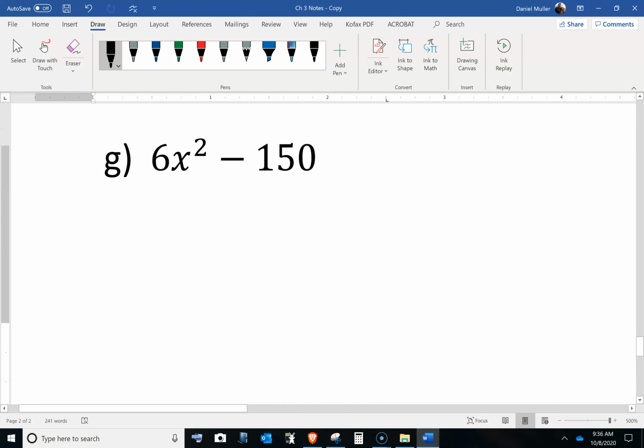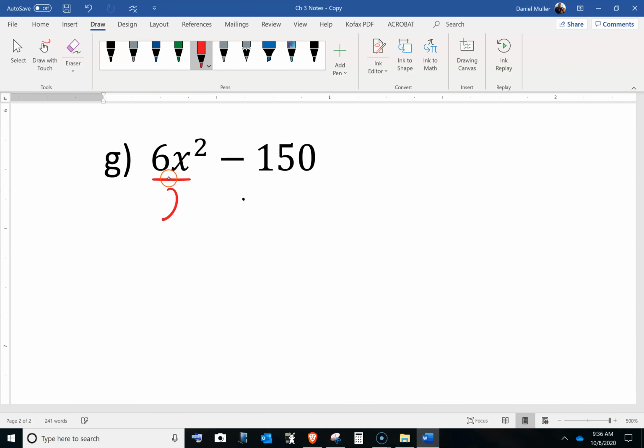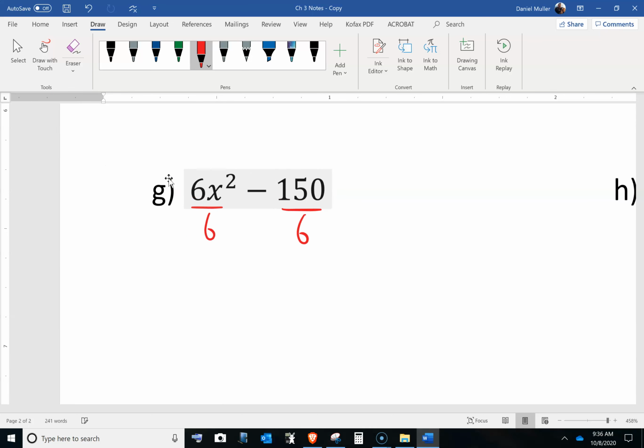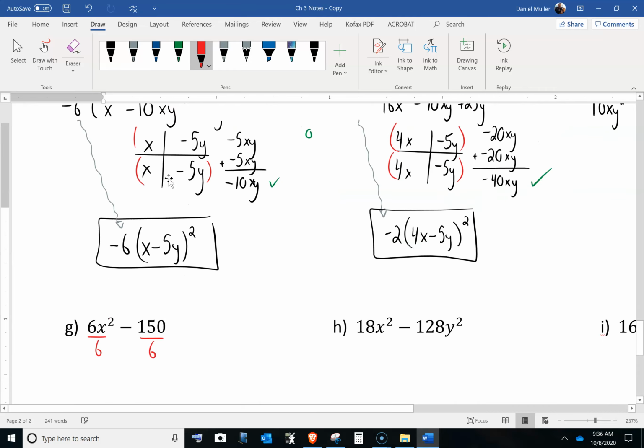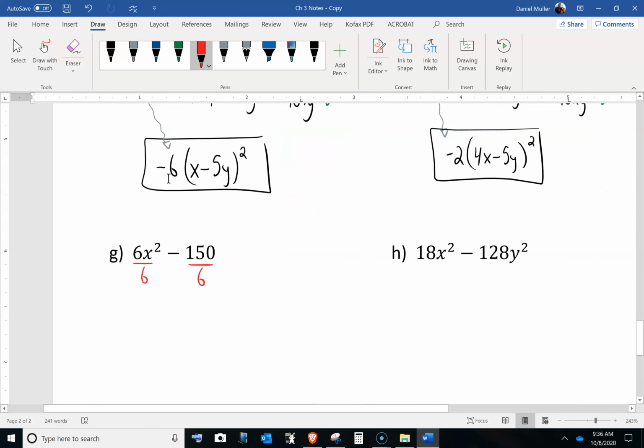Okay, I need to take something out of this. Oh, we did take 6 out of 150 previously, and I think I got 25. Yeah, 6 into 150, 25. Okay, that's good to know.